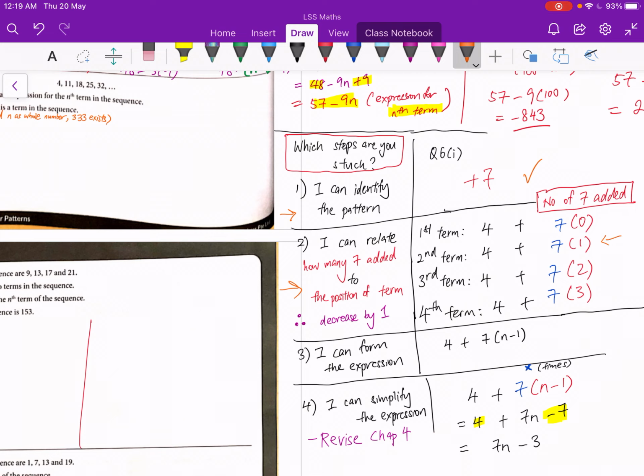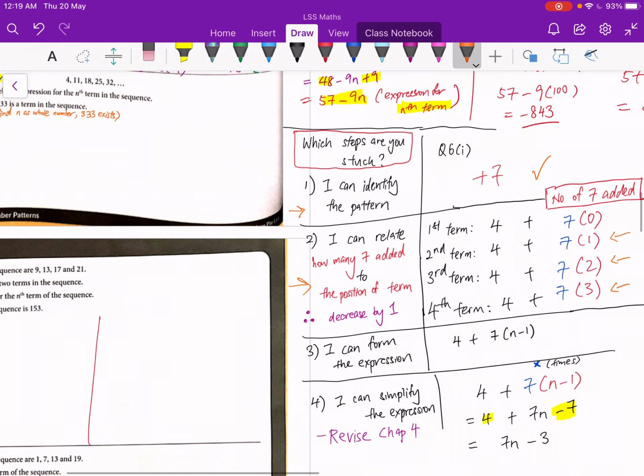If I want the third term, I need to add 7 plus 7, which is the same as 2 times 7. If I want to get the fourth term, it will be 7 plus 7 plus 7, which is the same as 7 times 3.